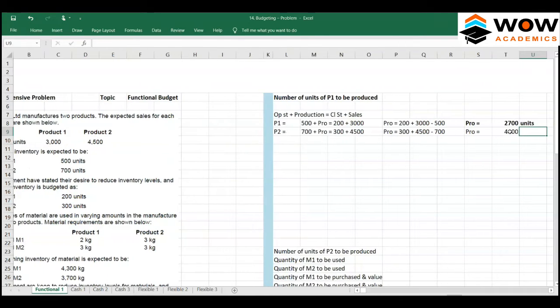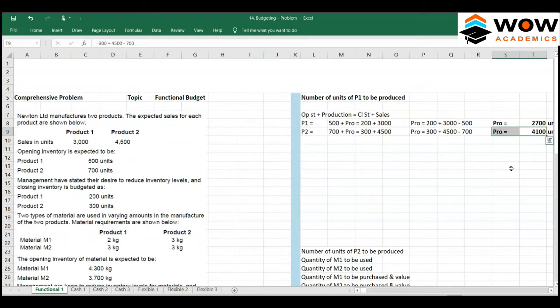So the answer will be 4,100 units. Okay, so we got the first one. Our next consideration was the number of P1 and P2 to be produced, and we got both of them, so we'll move on to the next one.